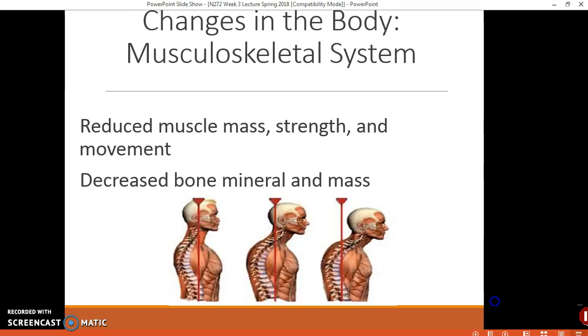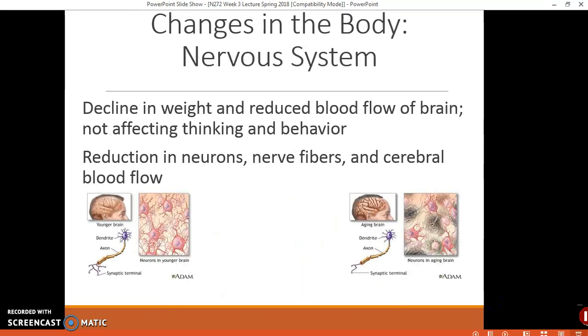Changes in the body's nervous system. There's a decline in brain weight and reduced blood flow to the brain. It does not affect thinking and behavior. The only time that our thinking and behavior is affected is if it's in the presence of a disease process. For instance, dementia or Alzheimer's disease or vascular dementia or Lewy body dementia.